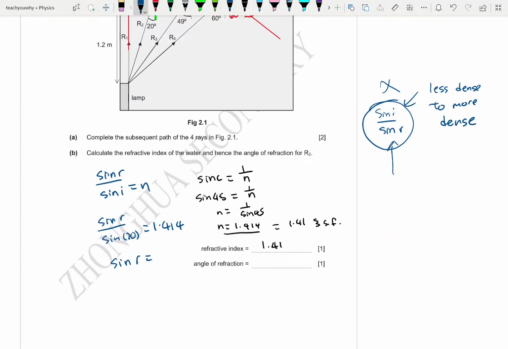So sine R equals 0.4836. R is equal to, you just need to do your simple trigonometry.